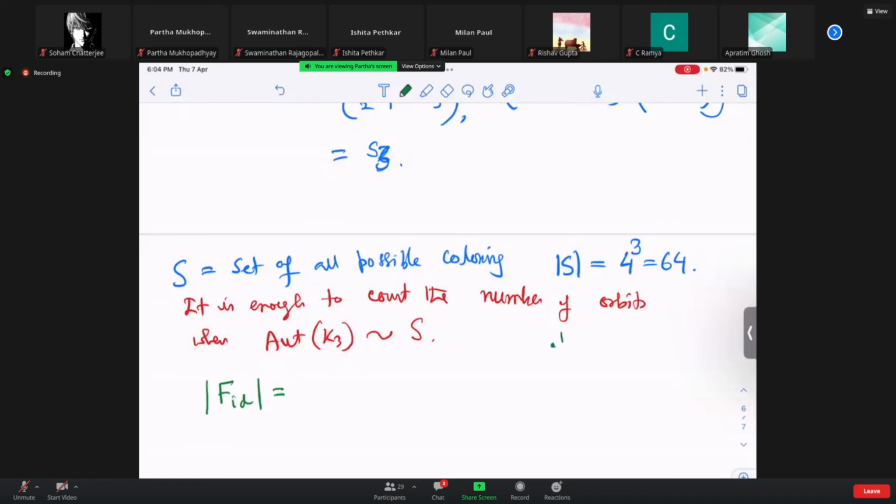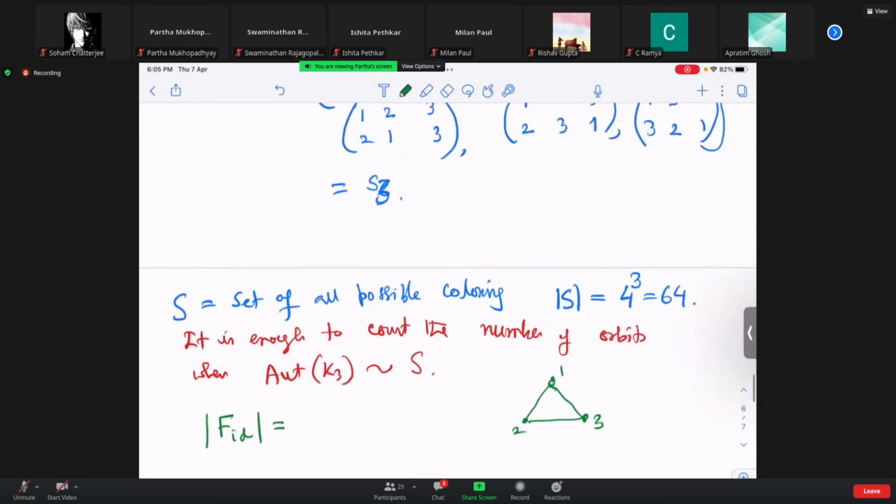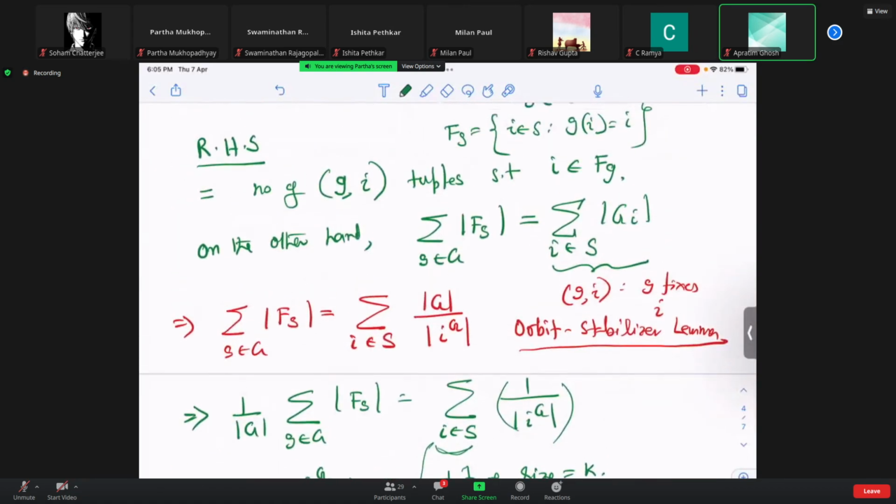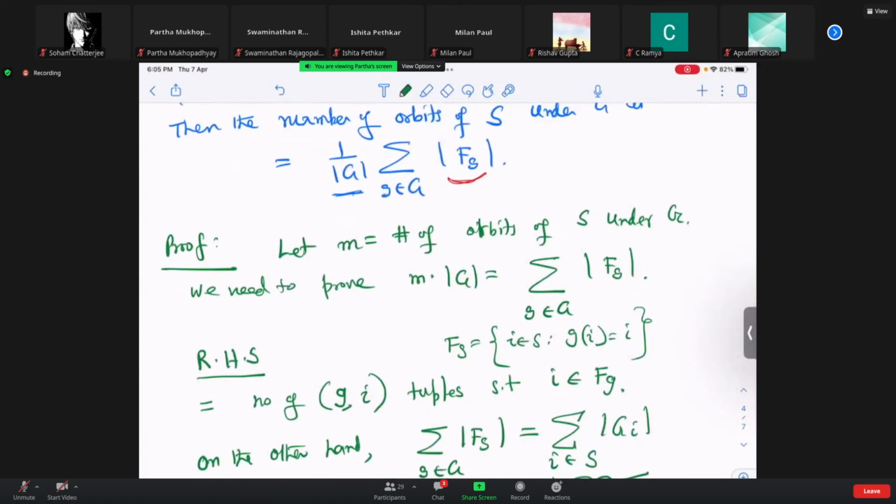If you have this triangle, irrespective of whatever color you put on these edges, that's 1, right, sir? No, you put the mod around it. Mod means the cardinality. Yeah, the cardinality is 1, right? No, what is the definition of F of g? F of g is the number of elements in the set S which are fixed by the permutation g.